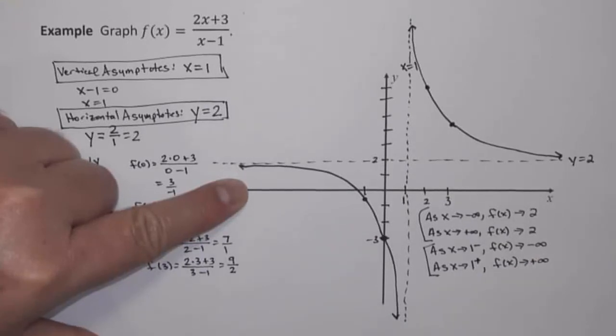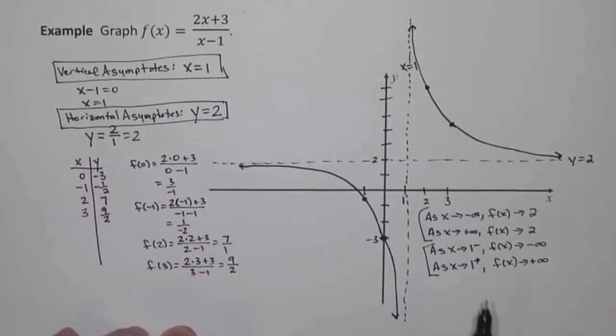This describes vertical asymptotes. So for a vertical asymptote, as we're approaching a number, we're either going to go to negative infinity or positive infinity. Whereas with the horizontal asymptotes, x is going to negative infinity or positive infinity, and then the y values are approaching a particular value. So here we've graphed our function f of x equals 2x plus 3 over x minus 1.